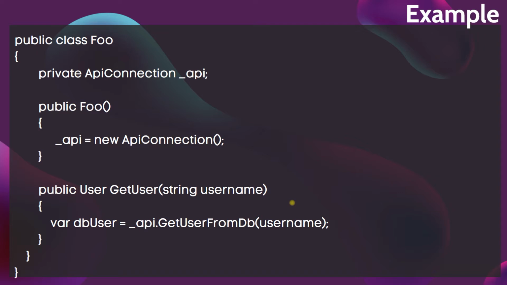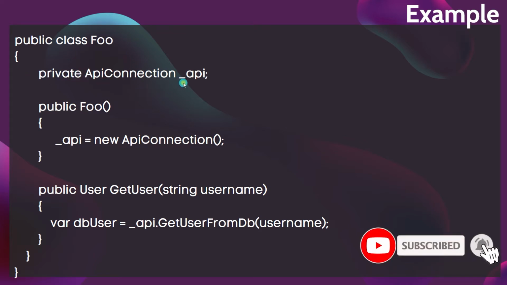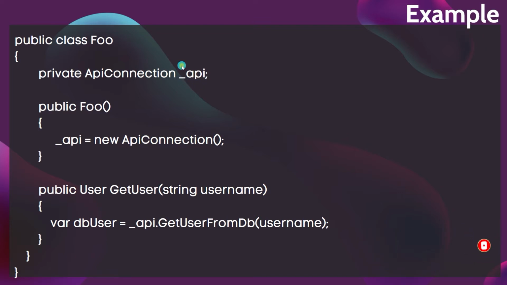So in this example, I have a class called foo. This class has three main parts. The first is the actual class, and it's defined as a public class. It has in it a private field that we named _API, and it's very common for private fields to start with an underscore for the name.